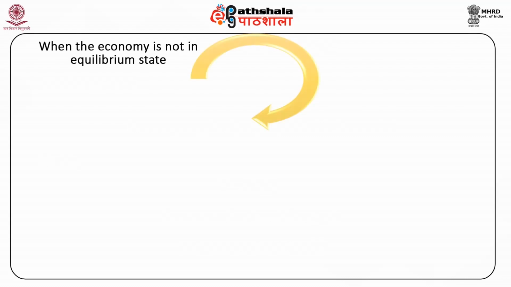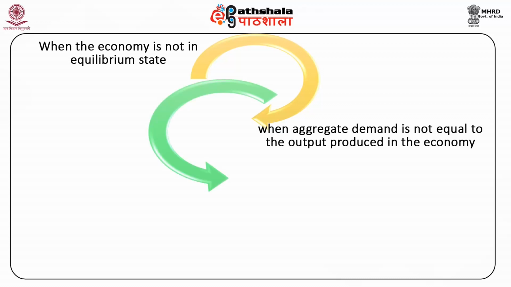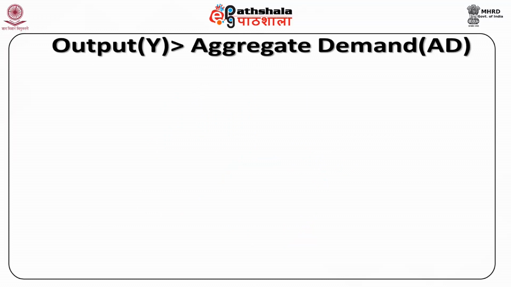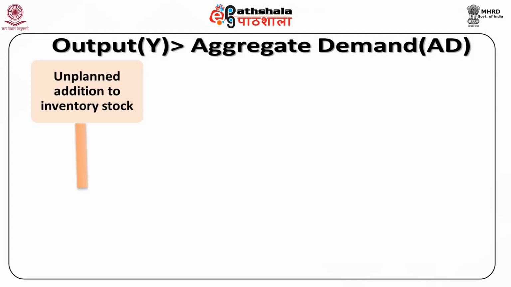When the economy is not in equilibrium state, that is, when aggregate demand is not equal to the output produced in the economy, then there is an addition or reduction in unplanned inventory stock, IU. For instance, if output is greater than the aggregate demand, then there is unplanned addition to inventory stock or inventory investment takes place.